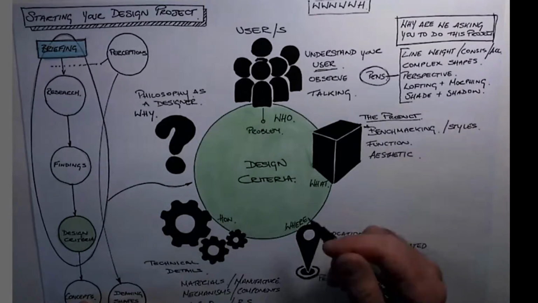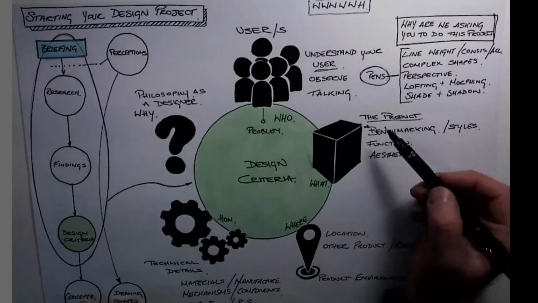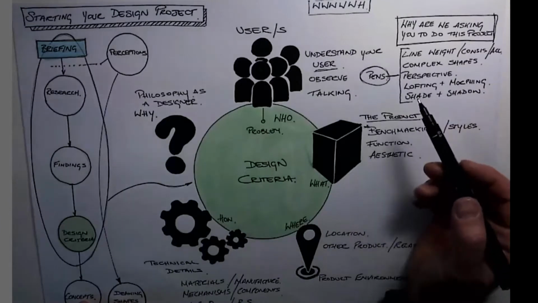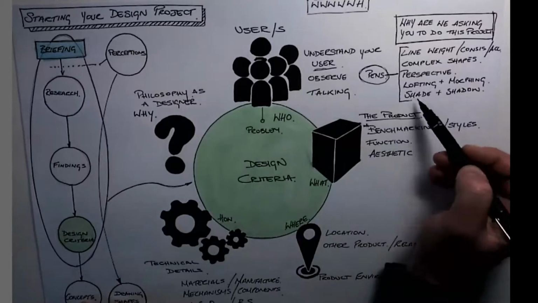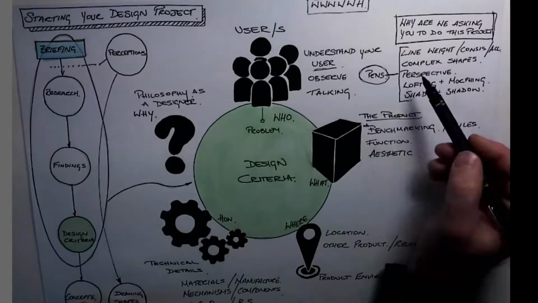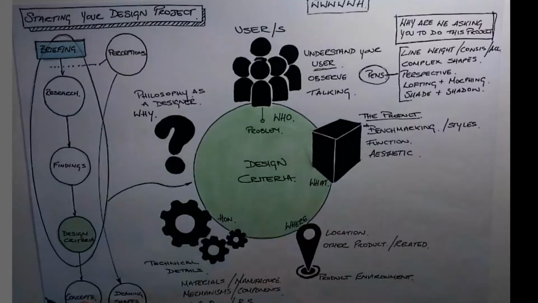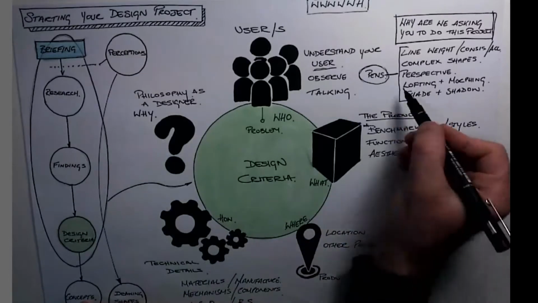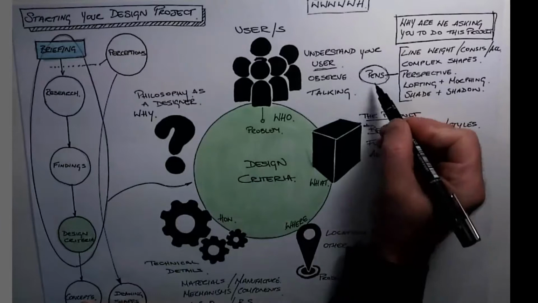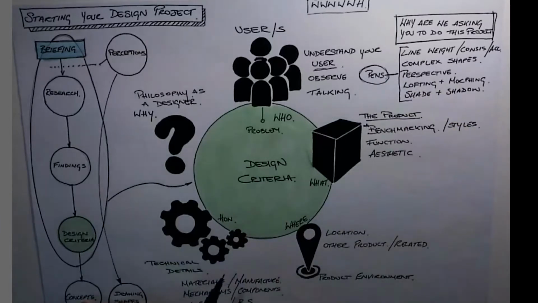I'm looking for you to explore your sketching style, explore your process of sketching, of how useful it is, and to start improving and developing these skills over the next couple of weeks. It doesn't matter that it's a salt and pepper shaker, or it could be a torch, or it could be a toothbrush. But the principle is still the same. How do I apply all these skills I've learned into a design project?